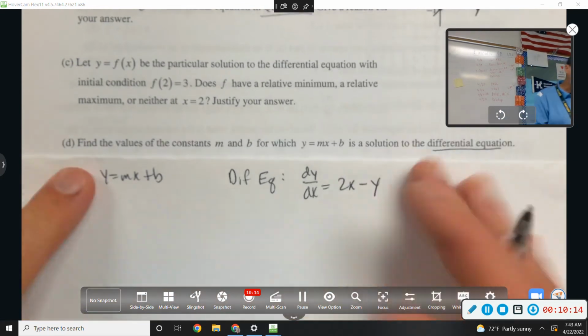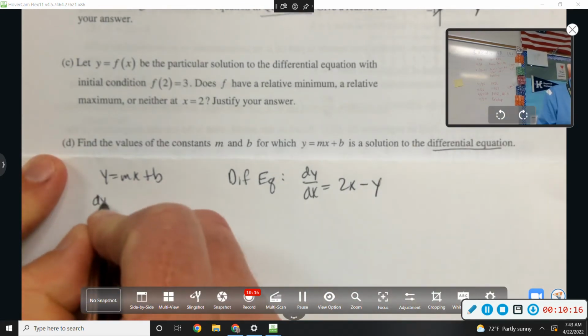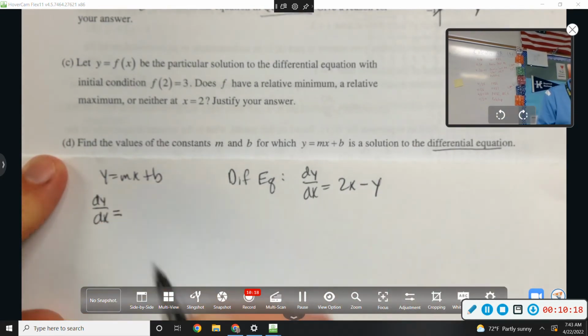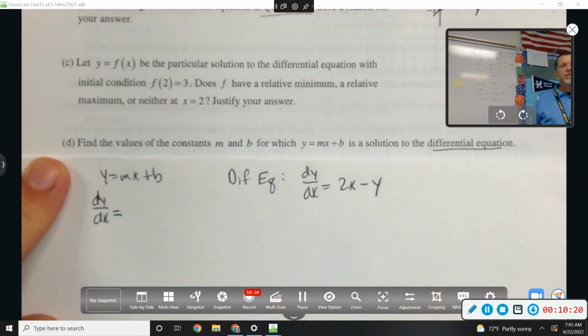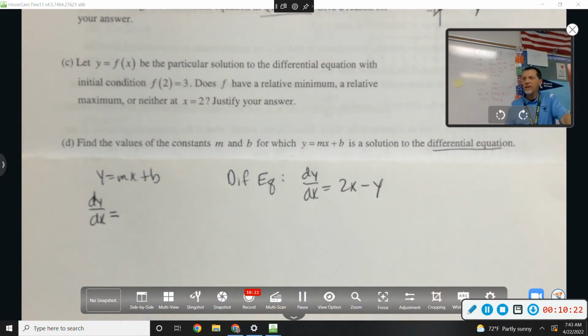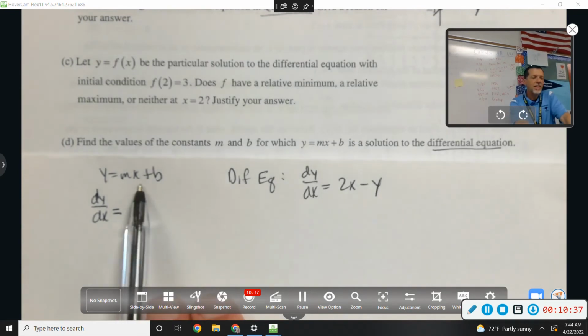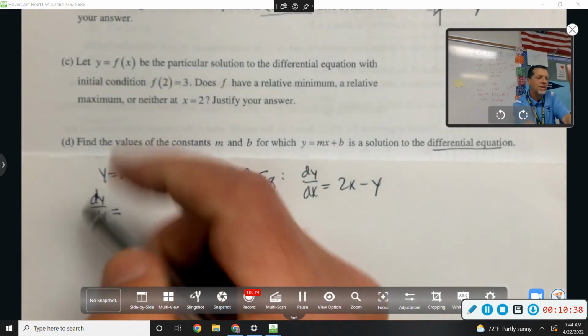So let's find dy/dx. If y equals mx plus b, what's dy/dx equal? What's the derivative of mx plus b? Not x, m.